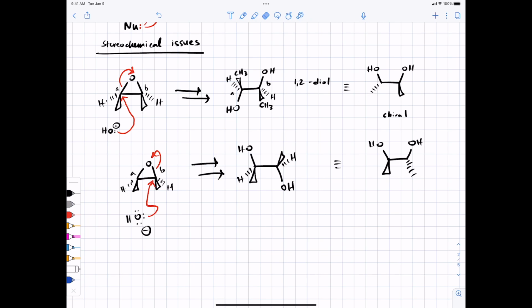You can see those are enantiomers, right? So when we open up the epoxide, this is a reaction that's called stereospecific. The SN2 reaction is stereospecific, meaning the mechanism requires a stereochemical consequence. All right?